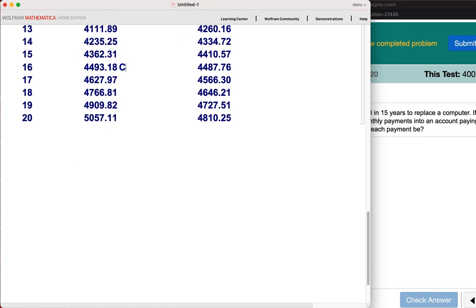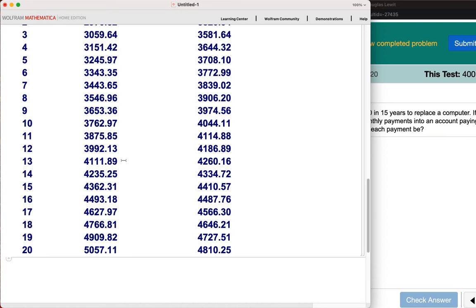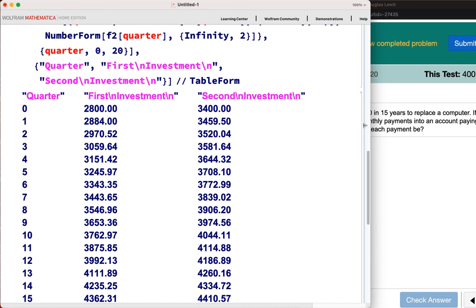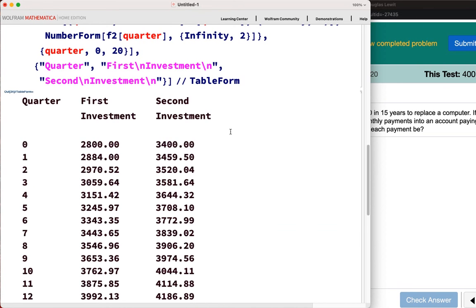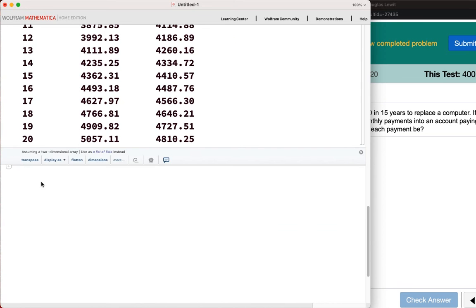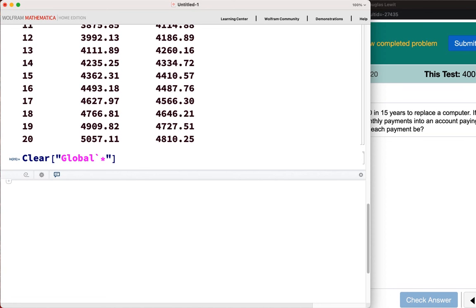So let's clear. Oops, what am I doing? No. This got screwed up. Let me do that again. Shift enter. Okay, so clear global. Okay, clear all of my variables.